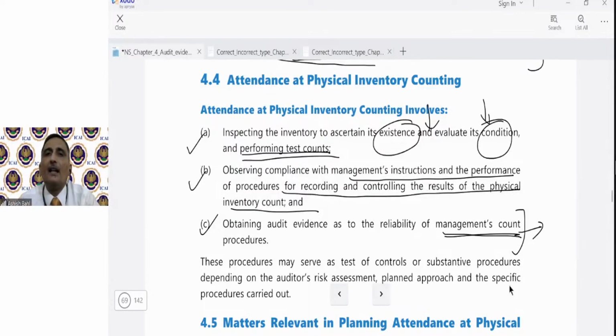यू हैव अंडरस्टूड राइटली कि अगर सपोज किसी राइस शेलर यूनिट में 1,00,000 बैग्स हैं राइस के, तो ऑडिटर सारे काउंट नहीं करेगा, उसमें से ही वुड टेस्ट काउंट. ओके.